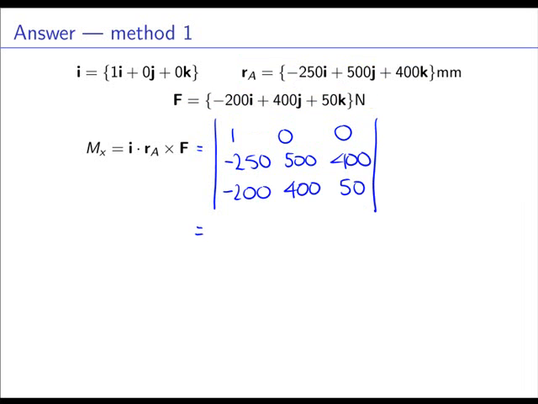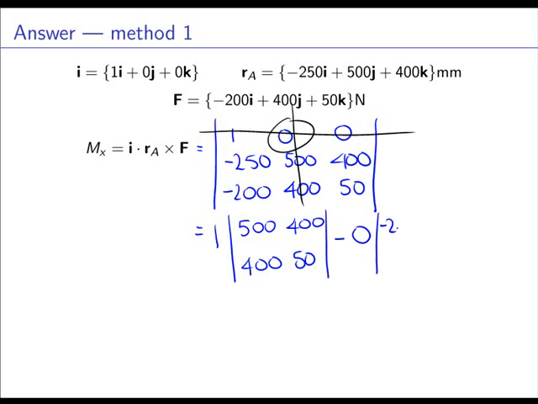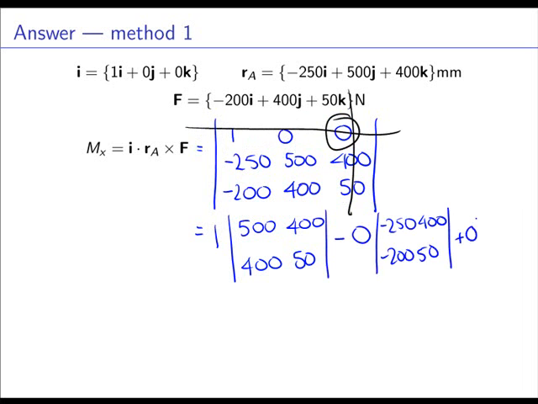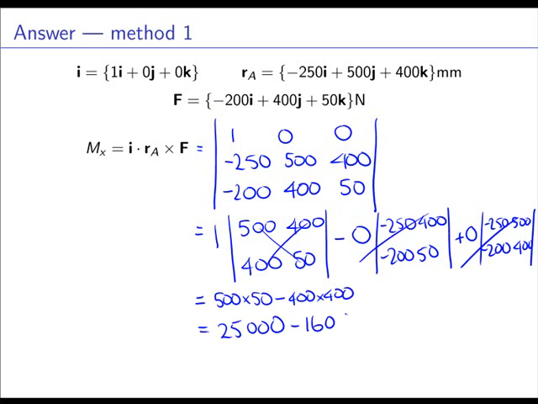We can calculate this determinant by calculating 1 times the determinant of 500, 400, 400, 50, minus 0 times the determinant of minus 250, 400, minus 200, 50, plus 0 times the determinant of minus 250, 500, minus 200, 400, which equals 500 times 50 minus 400 times 400, minus 0 plus 0, which equals 25,000 minus 160,000, and that equals minus 135,000.